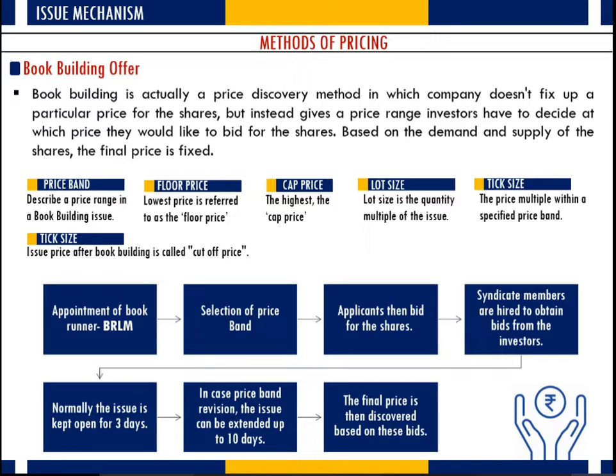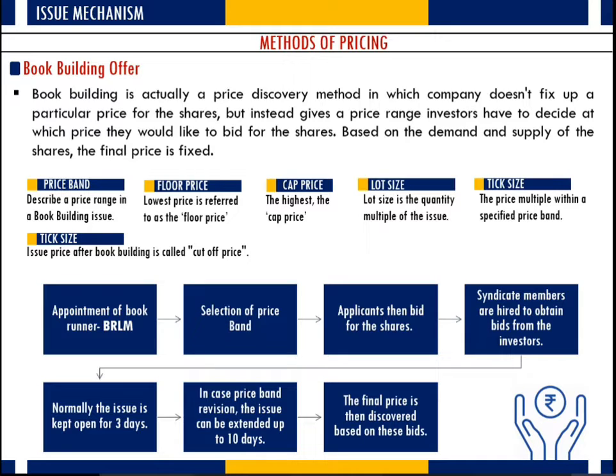So normally, whenever a company comes up with an IPO, the issue is open for 3 business days, right? But in case a company gets a very poor response, not many people have applied for various reasons, then the company has the option to make changes in the prices and extend the IPO by another 10 days, right?